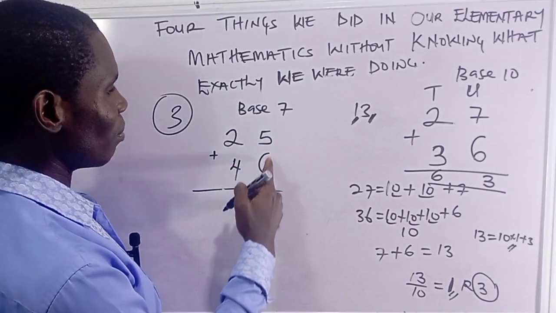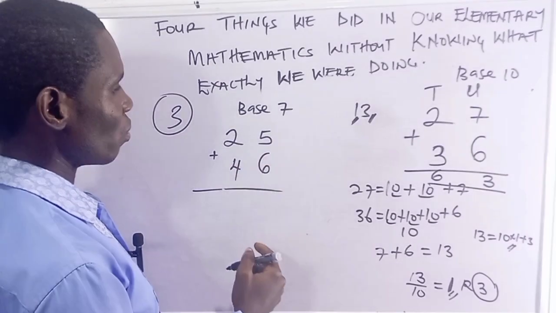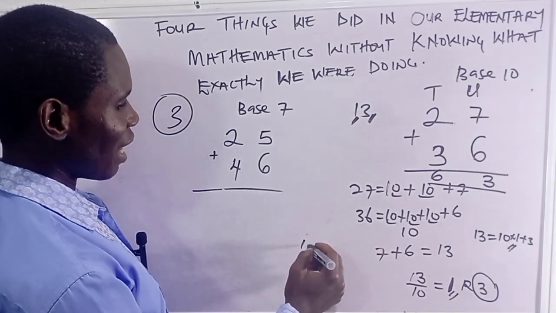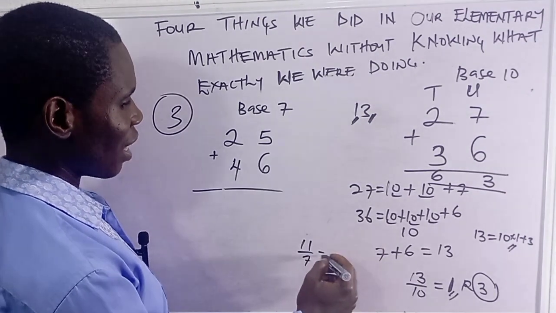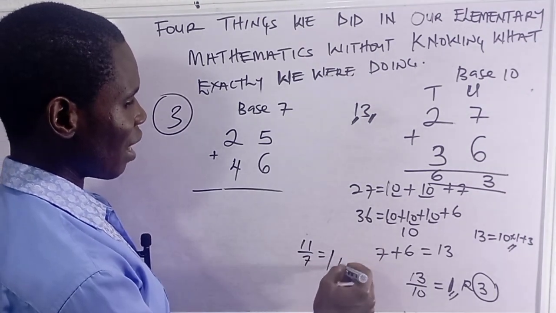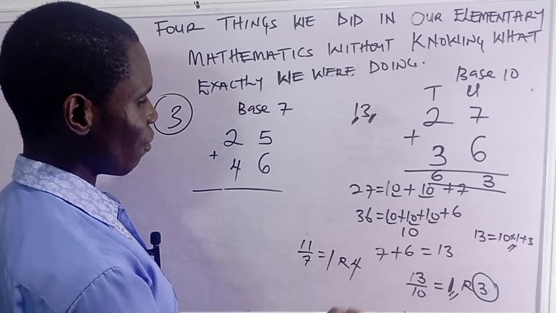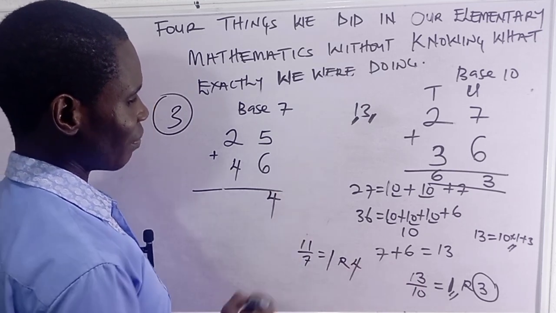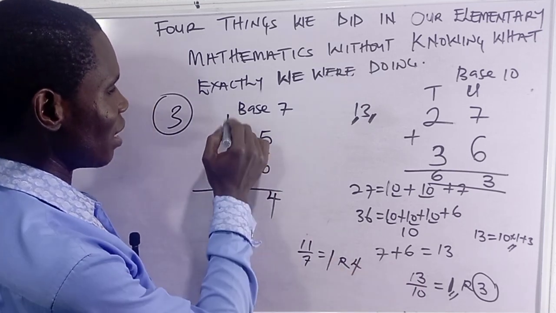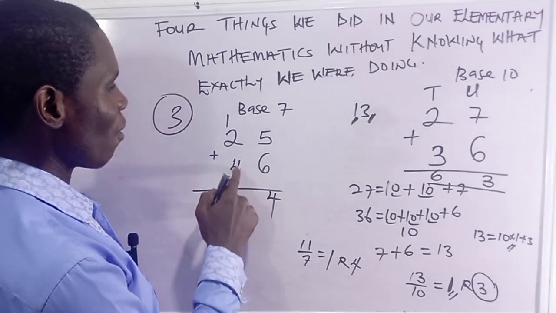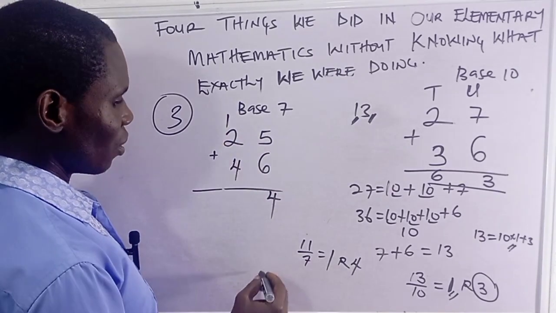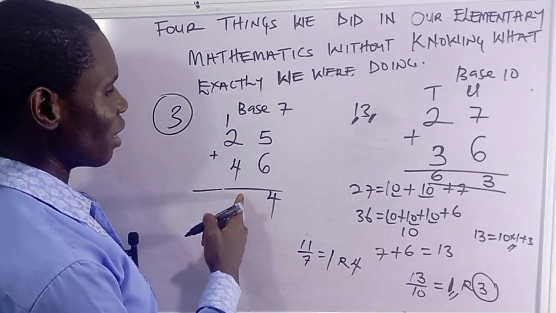Here we have 6 plus 5, which is equal to 11. So we have to divide 11 by 7, and we have 1 whole number, remainder 4. So this time you write down the remainder and you carry 1. So here we have 4, 5, 6, 7. So we cannot write 7 because we are working in base 7.